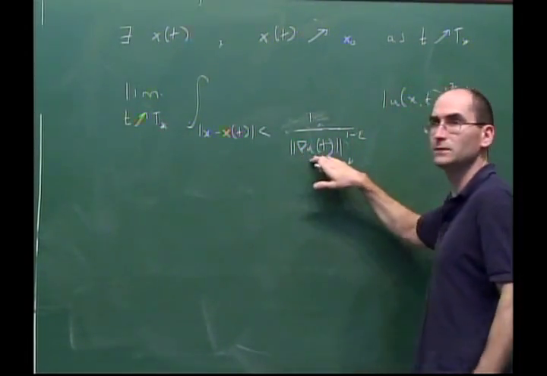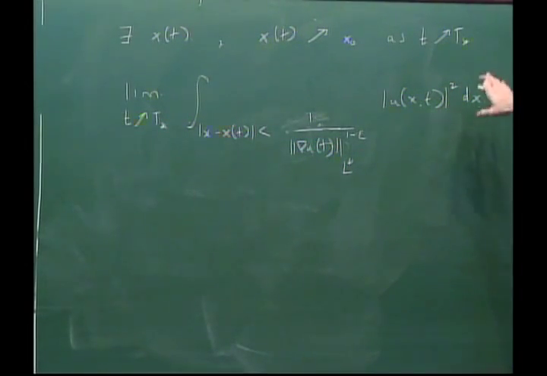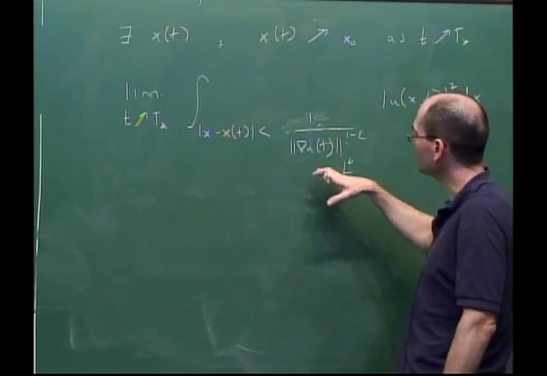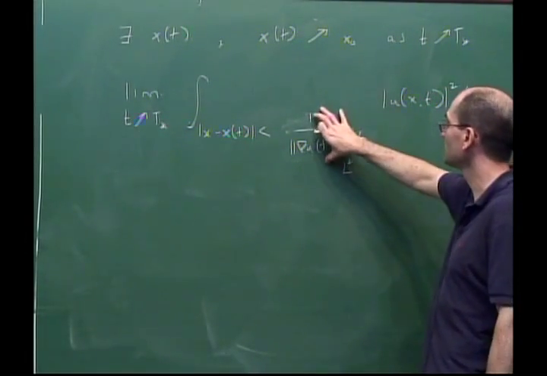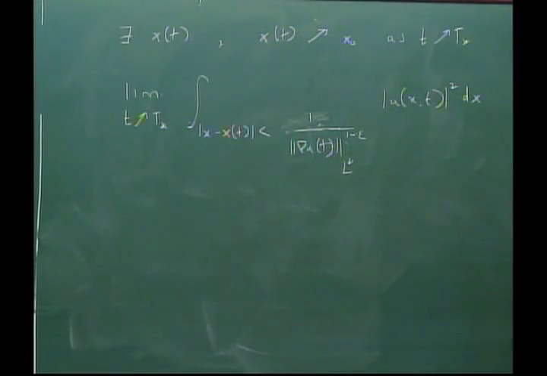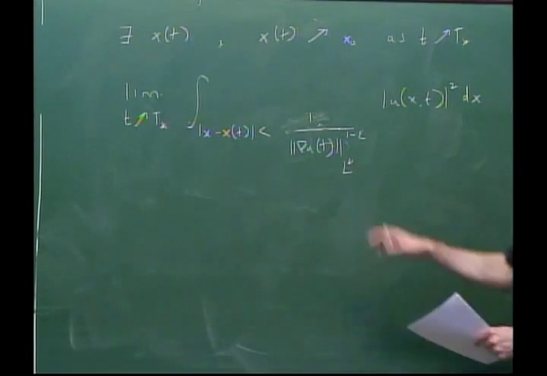Okay, so gradient of u of t goes to infinity as t approaches t star, so we have something here that is going to 0. In fact, you have a lower bound on the blow-up rate, so we know that this is going to 0 at least as fast as t star minus t to the 1/2 with the minus epsilon.